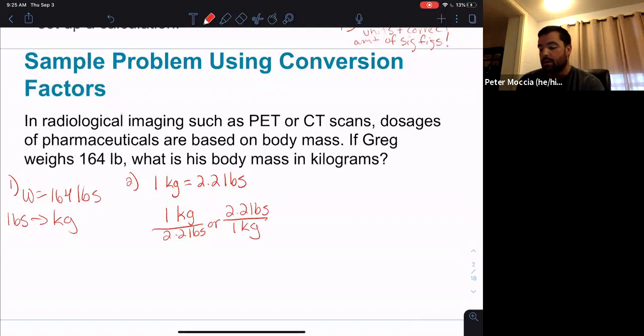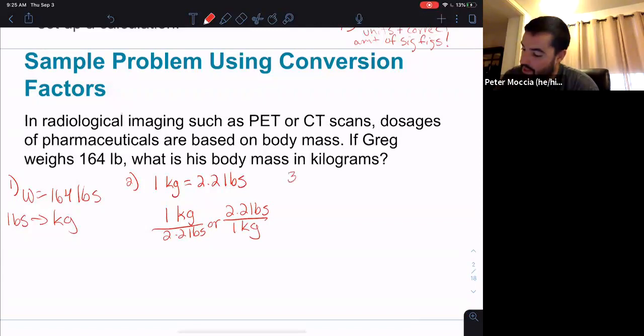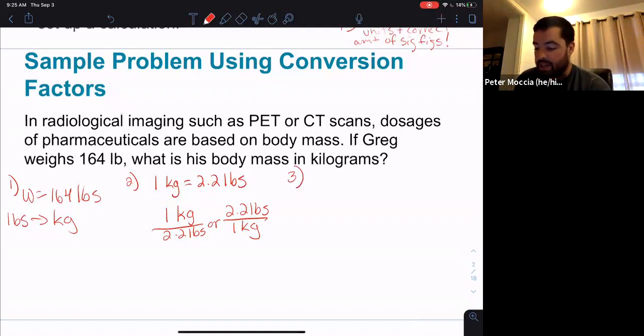Okay. Now, whenever we set up an equation, we want whatever we're canceling out to be at the bottom. Okay. So we want to cancel out pounds. So we want pounds to be on the bottom. So we're going to use this factor here and not this one.